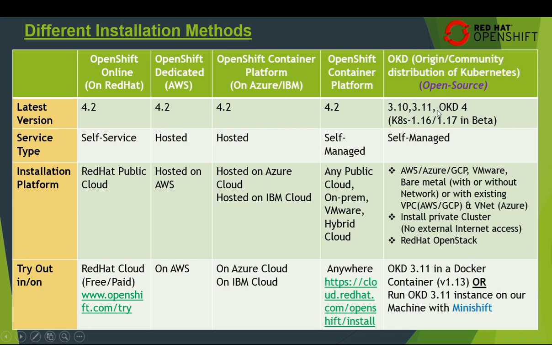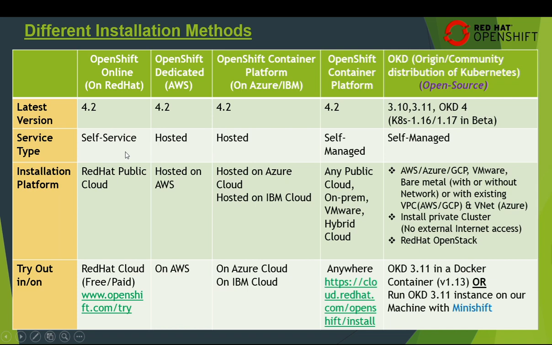But for open source, we have 3.11, 3.10, or that also came with OKD 4, where we will be using Kubernetes version 1.16, and in OKD 4 beta version, we will be using Kubernetes version 1.17.